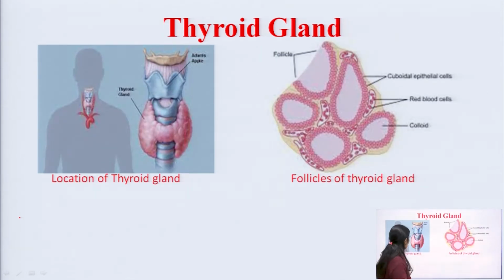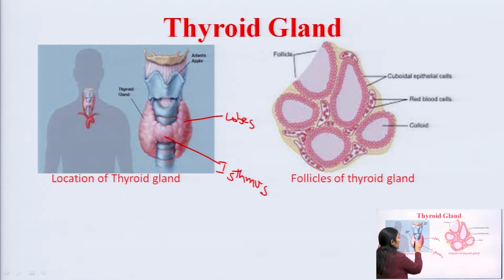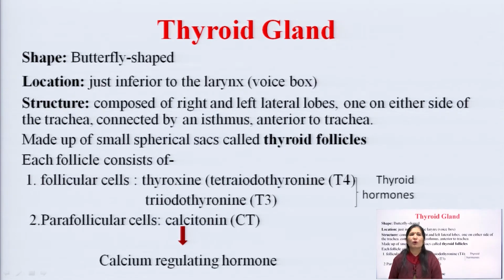So, this is the thyroid gland, these are the two lobes of the thyroid gland, and they are connected through the isthmus. This is the trachea. So, this isthmus is anterior to the trachea, and it is present inferior to our voice box.